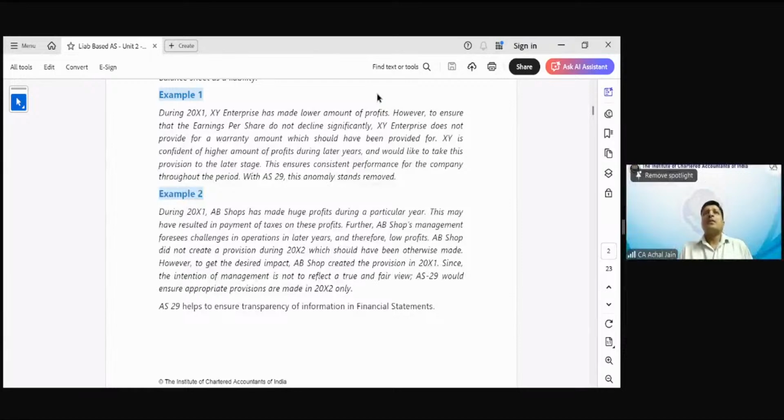For example, let's talk about a company. Say on 31st of March, for the month of March, the electricity bill which is there, should the entity record this expense? Tell me.